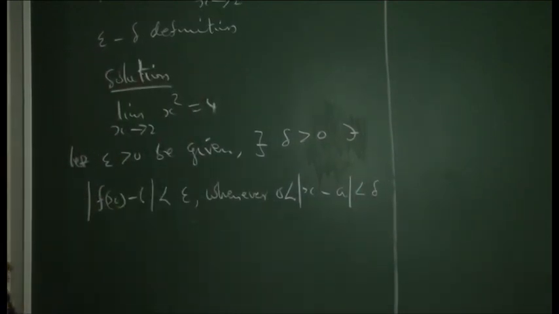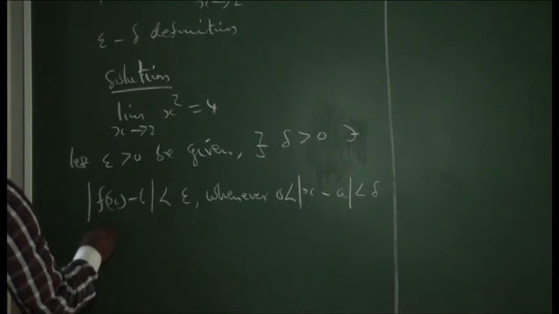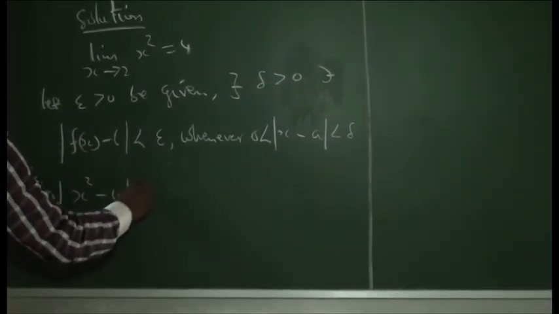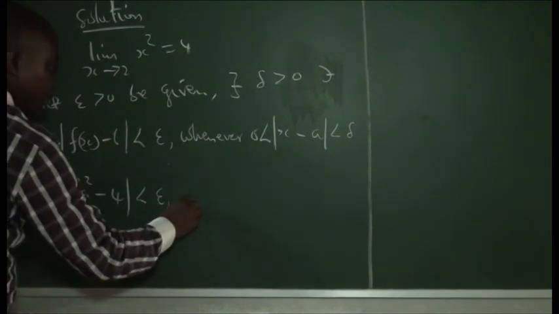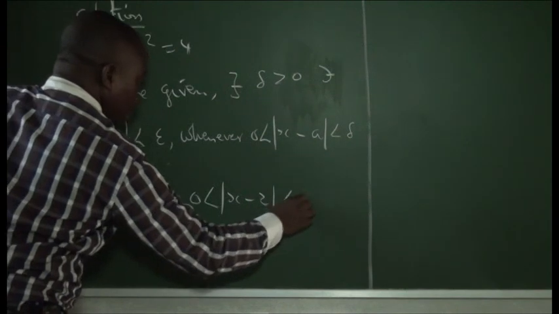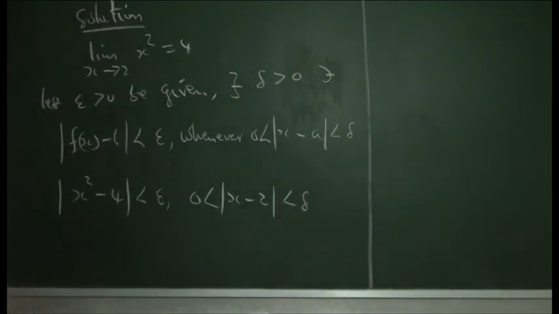So here we have that f of x is x squared, L is 4, so |x² − 4| is less than epsilon whenever 0 is less than |x − 2| and less than delta.